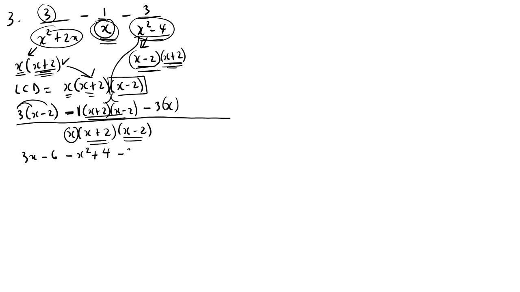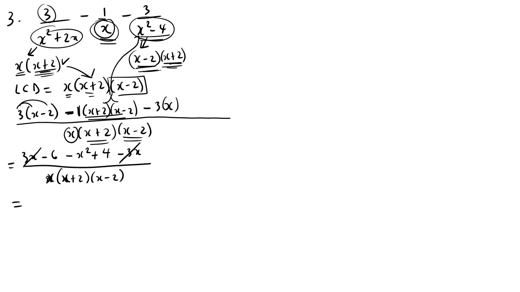All right, so now for the last one, I get -3x, and I'm going to divide that by x times x plus 2 and x minus 2. Notice this is x. To simplify further, I will look at combining like terms. So I have 3x and 3x going away.